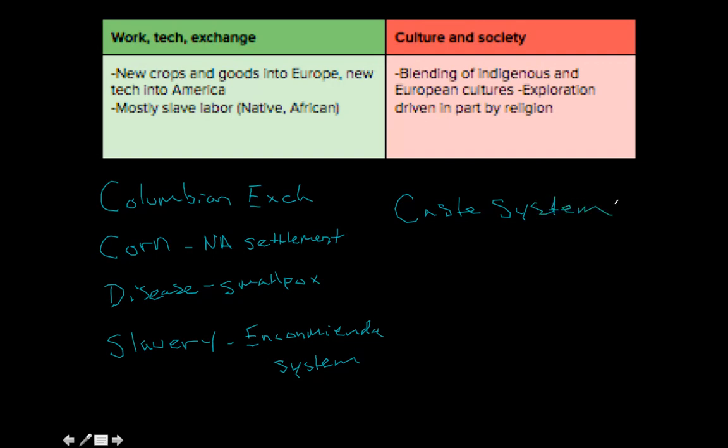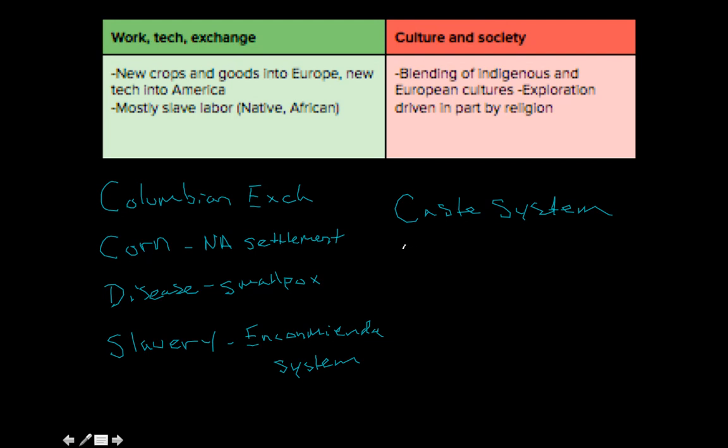We see that the Spanish rank people based on whether or not they're a combination of Spanish and indigenous, or two indigenous people, or Spanish and African, or we get this whole combination of different groups of people and their rank in society. There's a primary source document that we have on the last page that we'll talk about with that. So we've got the Spanish caste system.